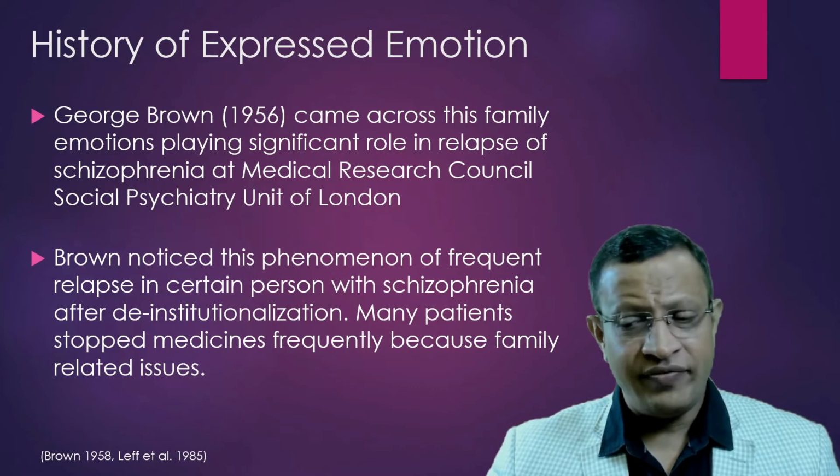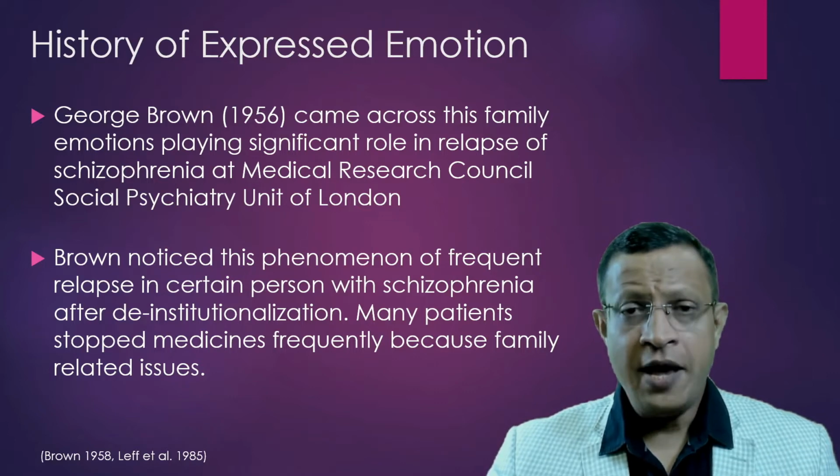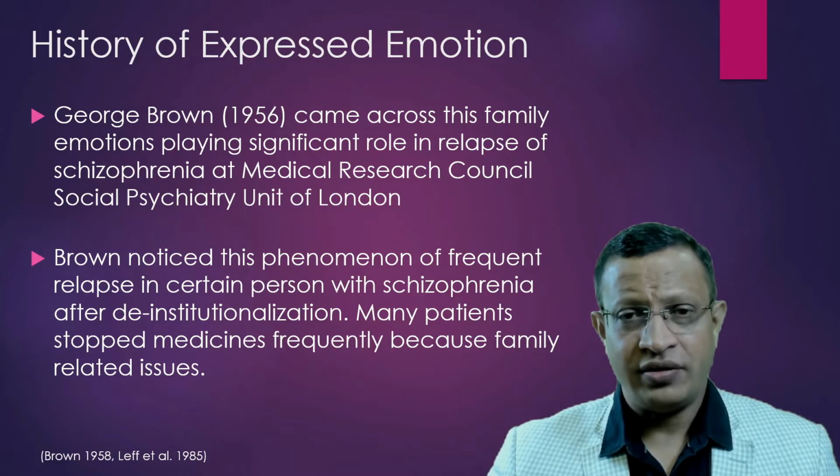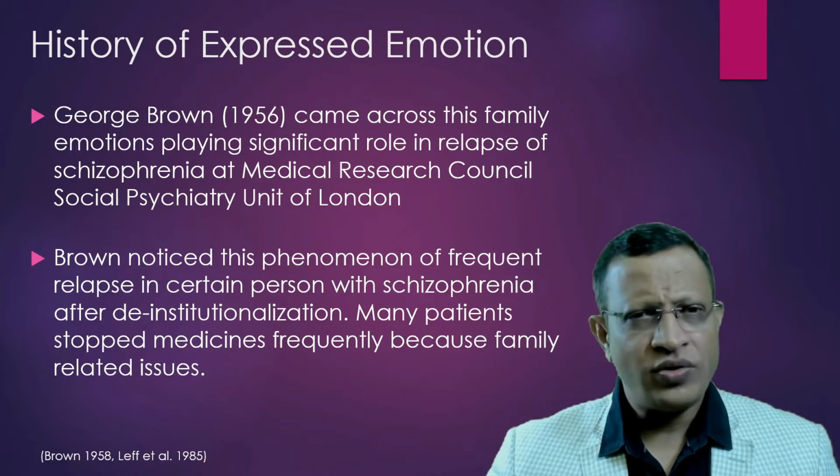Around 1950 to 56, chlorpromazine was introduced. Hence, large-scale deinstitutionalization was occurring. Many patients were discharged from the asylum to the community. However, within a short period, he realized many patients were relapsing and coming back to the asylum. What was the reason?